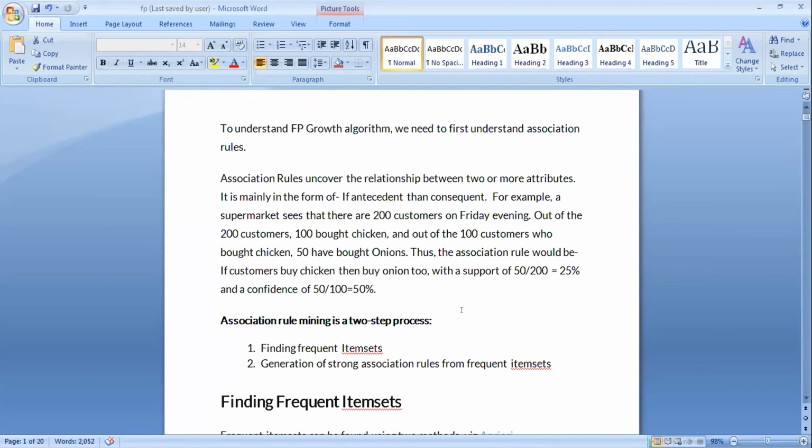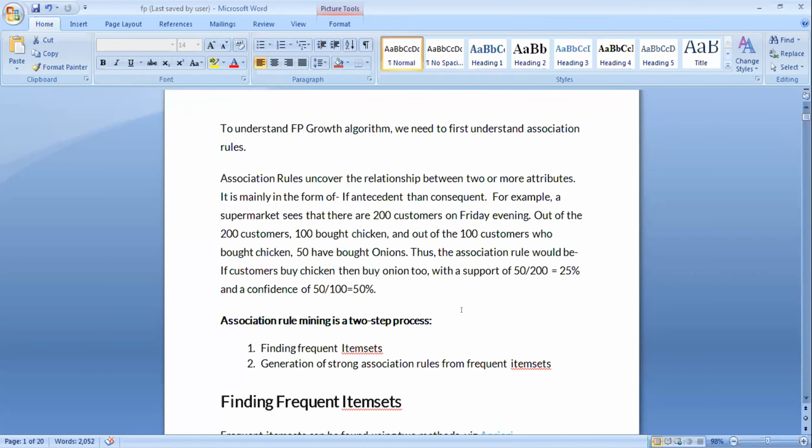So the association rule of the customers can be represented by these particular items. One customer buys the two items with the support of 50 by 100, that is 25%. Only 100 people have bought, that is 50%. In the confidence, we can say that 50%.